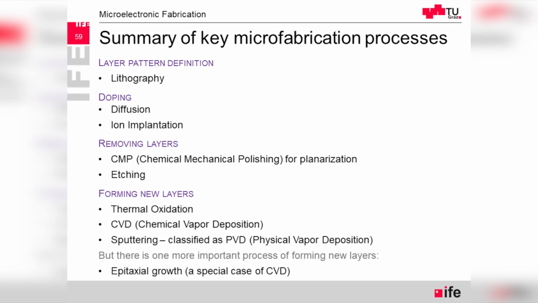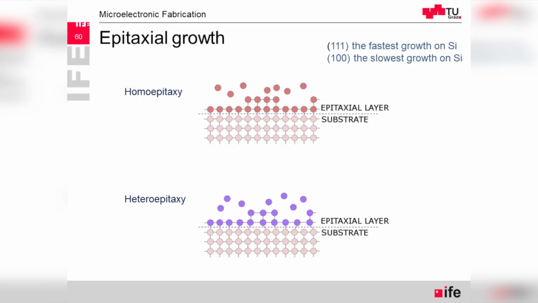So it's also a special case of chemical vapor deposition. And this is to form a new layer. And just one slide showing the concept. So we have the substrate. It's a semiconductor crystal. In this case, it's silicon, but we can also imagine epitaxy on different types of substrate.